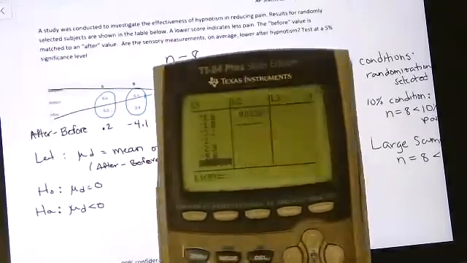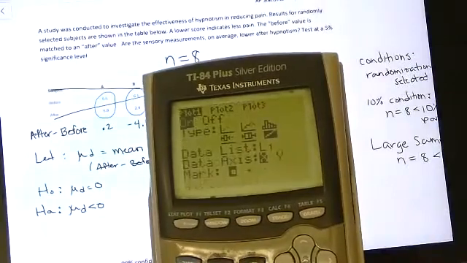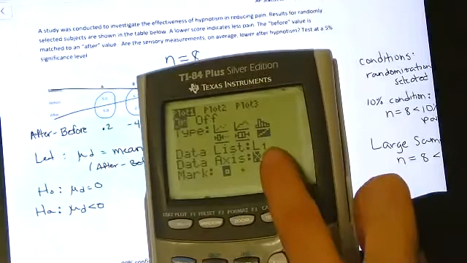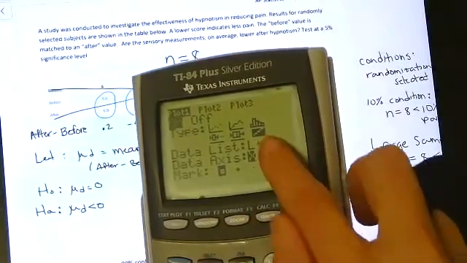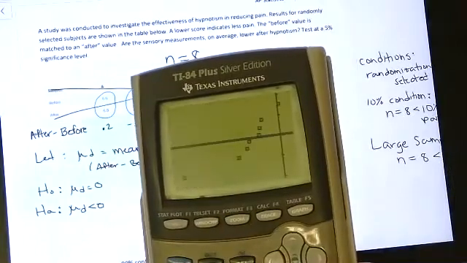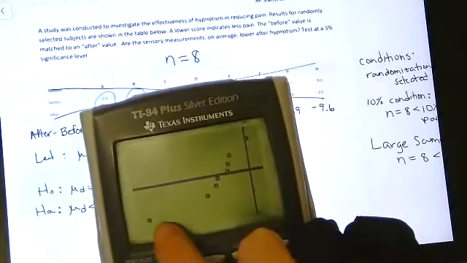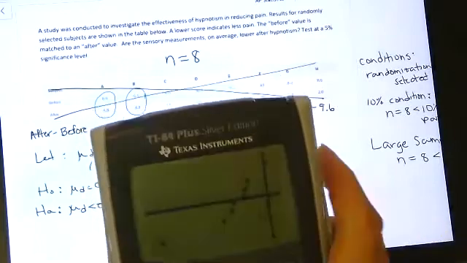Okay, I got all 8 values in a list. I'm going to go to my stat plot, turn it on, use list 1. I'll choose my normal probability plot since that's already selected. Zoom 9, there's my normal probability plot. I do see this one outlier over here that is perhaps concerning.